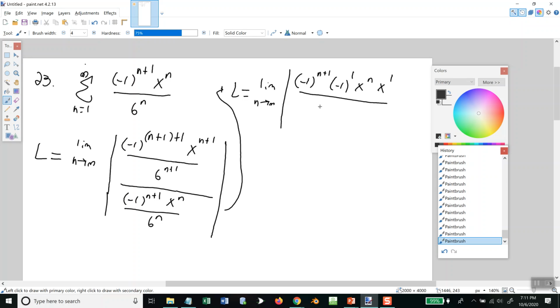And then 6 to the n, I didn't hardly leave enough room, but I think I fit it in there. Poor planning. Okay, this is -1 to the n plus 1, x to the n. Yeah, plenty of room.